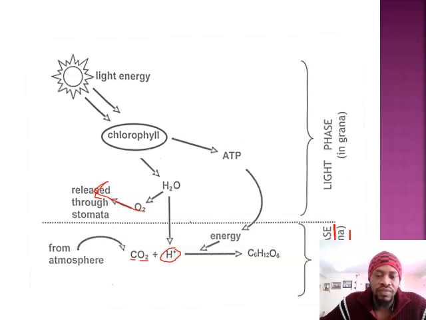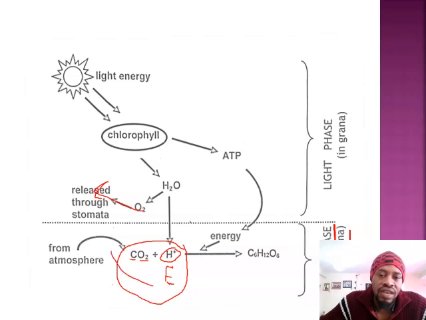Since this hydrogen atom has a lot of energy, when these reactants are combining, we are having carbon, oxygen, hydrogen, energy, all of that. Additional energy coming from ATP that formed during the light phase will also be added to combine all of this together. So all of them are combined.